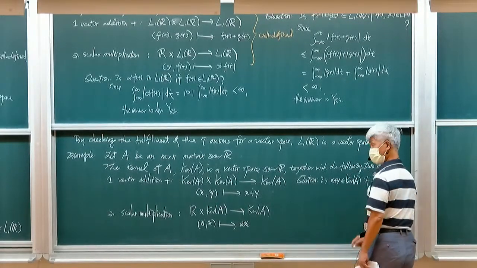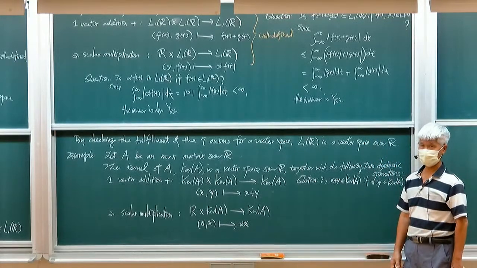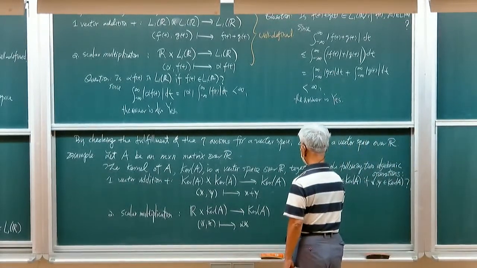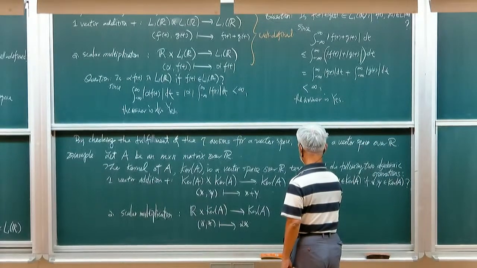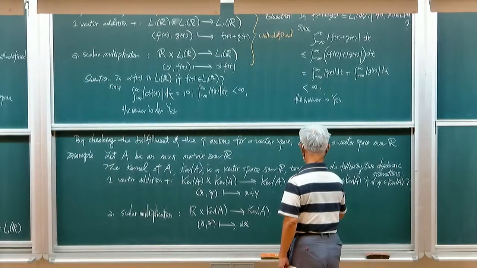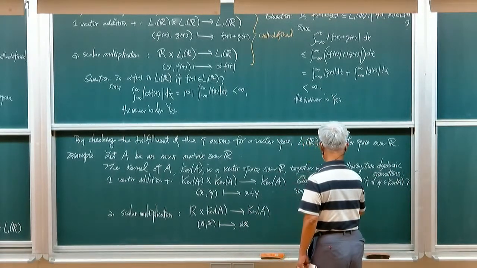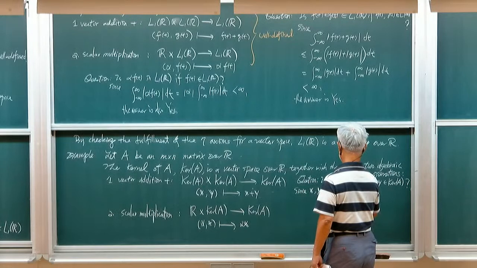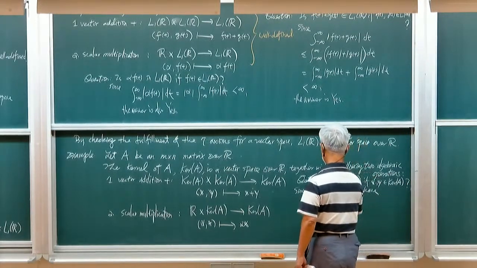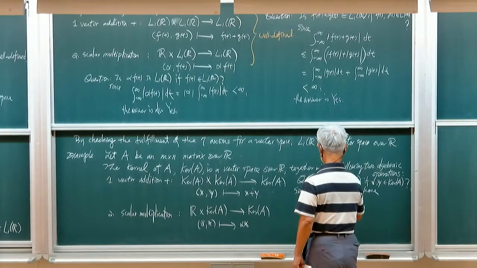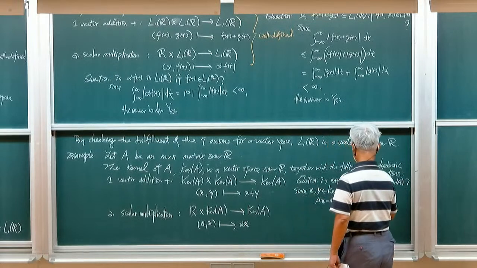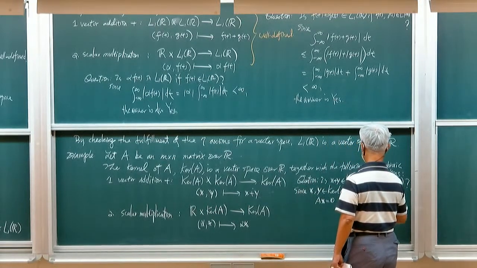Since x, y are in kernel A, we have that Ax equal to 0 and Ay equal to 0.